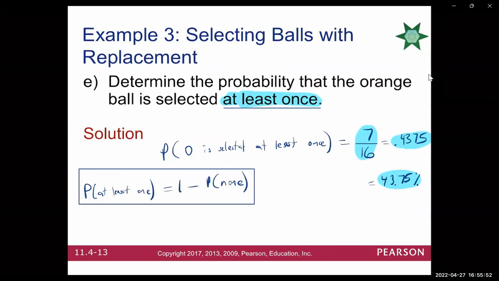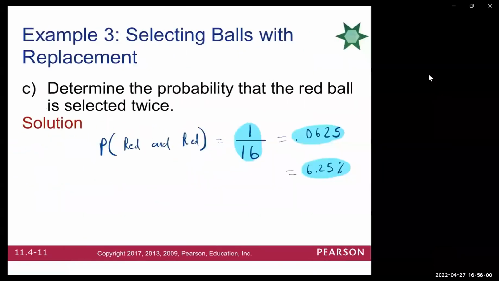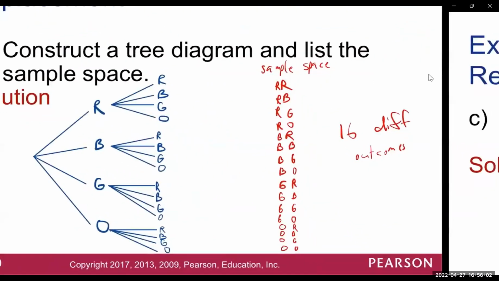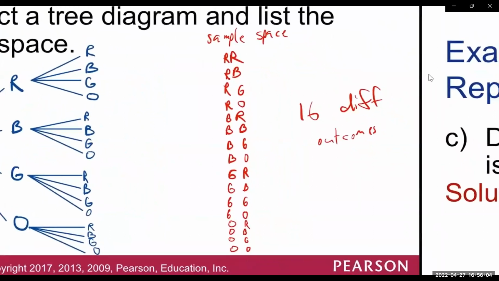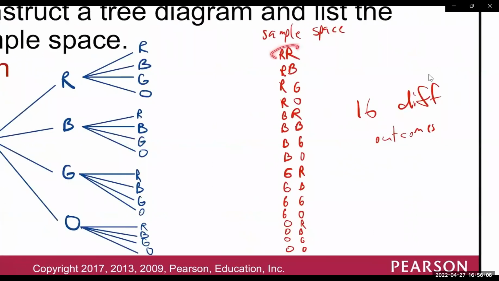So what's the probability that you get 0 oranges? Let's see, 0 oranges. How many of these have 0 oranges? Oh, 7. Oh, wait, I'm wrong. Wasn't it 9? I think it's 9. I think you're right.